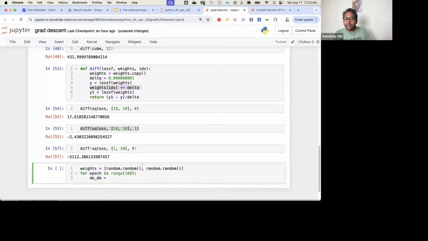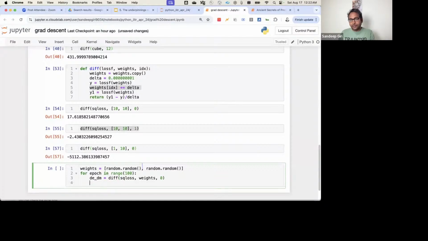How do you do that? You basically call diff squared loss, and I pass weights, and I also pass the variable. Similarly, I calculate the value of dE by dC, the rate of change of error with respect to intercept. And then I say new error.